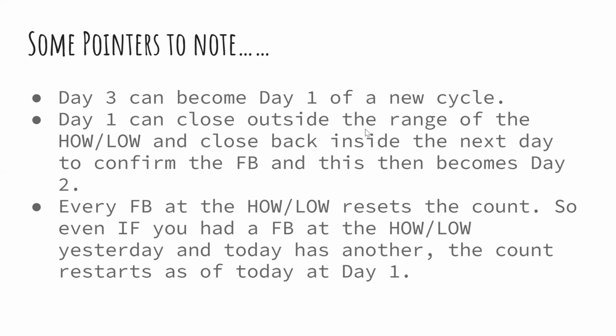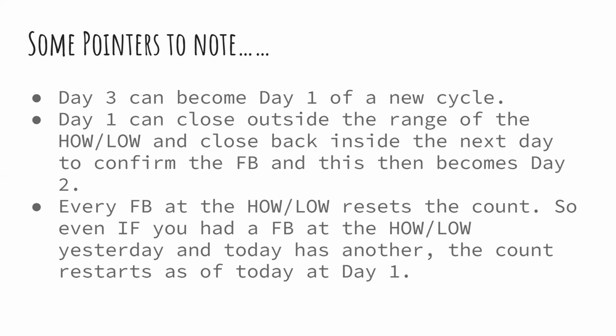So with price closing back inside of the range on day 2, it confirms that yesterday was day 1, and that was a false break reversal. So the idea is that every false break, or fakeout as another term that is used, is a breakout that fails either at the high or the low of the week.